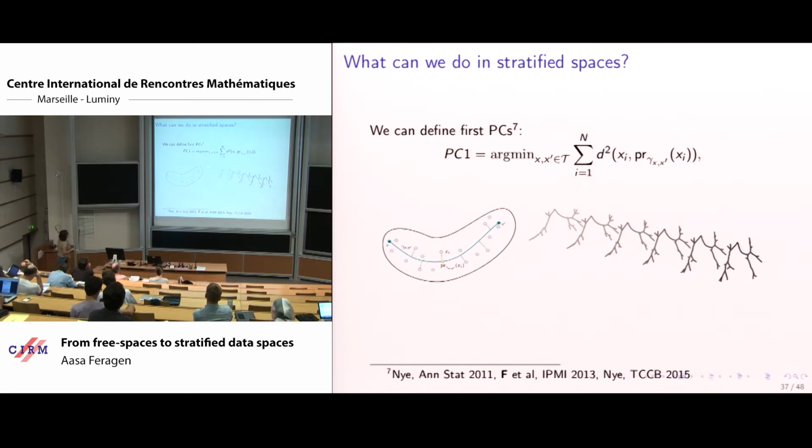Now, in the tree space, I cannot say this is my base point and I'm going to try all the directions. So instead, I have to pick endpoints for the geodesics and look at the geodesics joining those two endpoints. It's the only way that I can uniquely parameterize geodesics, by fixing their endpoints. So instead, I'm going to be wiggling two endpoints around and trying to find geodesics between them that approximate my data as well as possible.